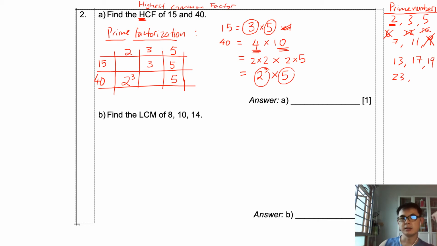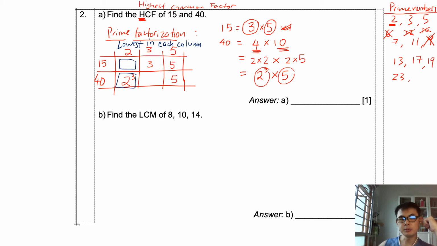But we are going to take the lowest number in every column, in each column. Okay, what do I mean by that? You look here, between nothing and 2 power 3.